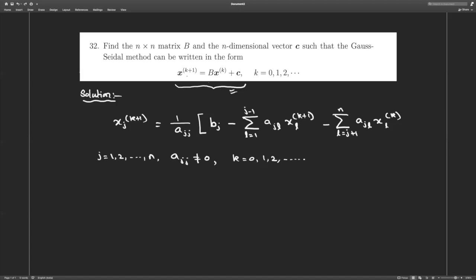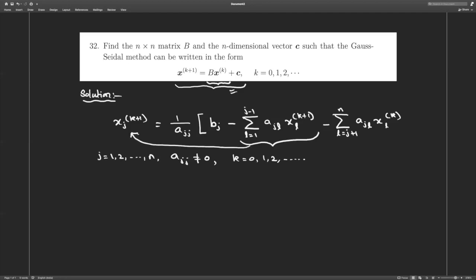Now, when you observe the general form of the iterative method, you can see that all the terms which are involving the previous iteration, that is kth iteration, should be kept on the right hand side, and all the terms that involves the k plus 1th iteration, that should be kept on the left hand side, right? So that's the key idea.